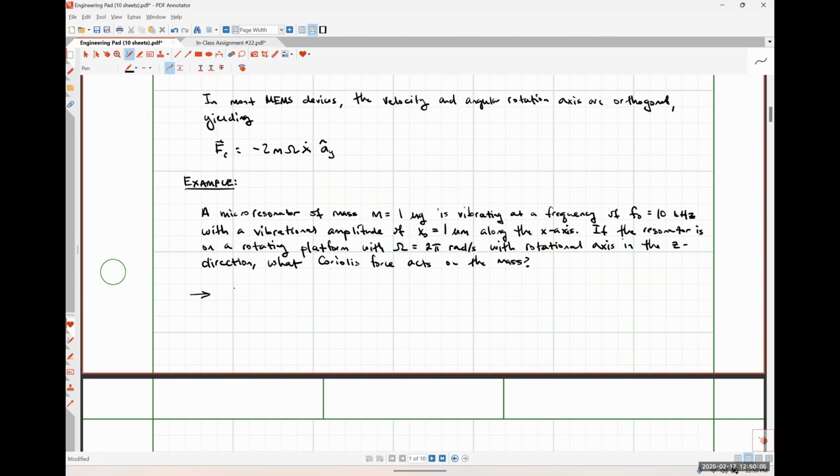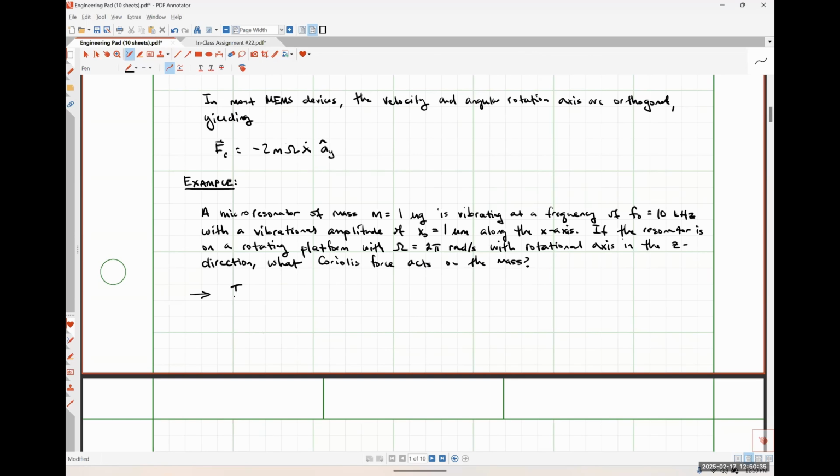In the frequency domain, our displacement vector x would look something like, actually, let me do this a different way. Sorry, I'm going off script here, but it'll be fine.